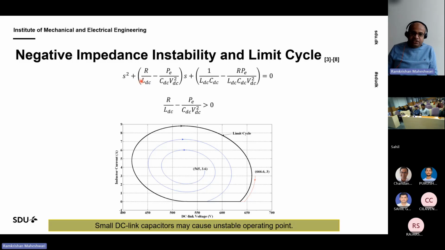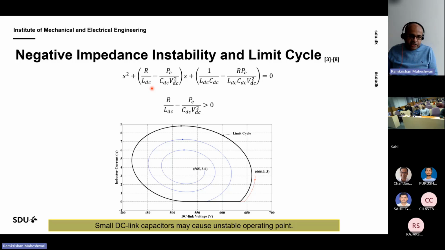So if I have these three combined, large L, large power, small DC-link capacitor, this is a recipe for disaster. For stability, it should be positive, but if we go for high power, a small DC-link capacitor, and somebody has connected a large inductance on the grid side, then the system, or the operating point, can become unstable.